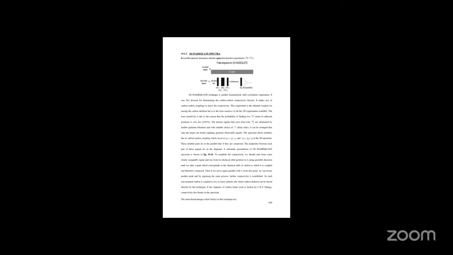The intense signals that arise from the lone C13 are eliminated by double quantum filtration and with a suitable choice of delay time. So it can be arranged that only the large one-bond coupling signals are observed, to establish the connectivity of the carbon-carbon.